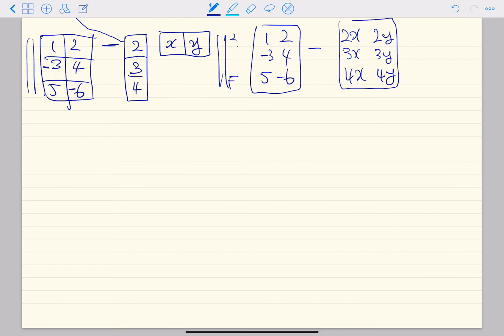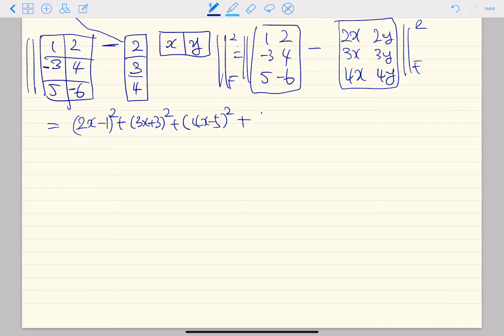And then let's take the subtraction, take the square of it, and sum them up. I'll change the sign within the parentheses to be squared: 2x minus 1 squared, 3x plus 3 squared, 4x minus 5 squared.